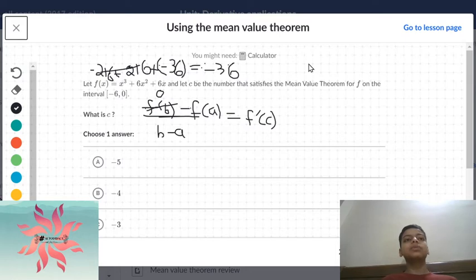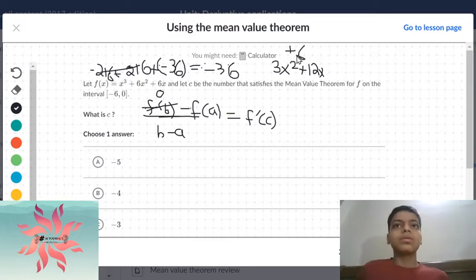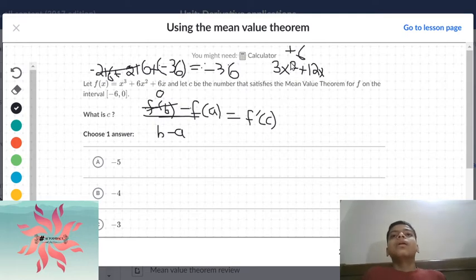It will be equal to 3x squared plus 12x plus 6, and we have to make this equal to negative 30.